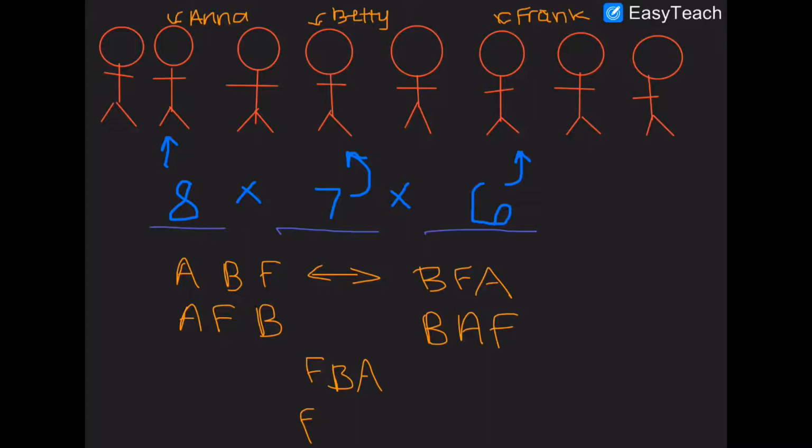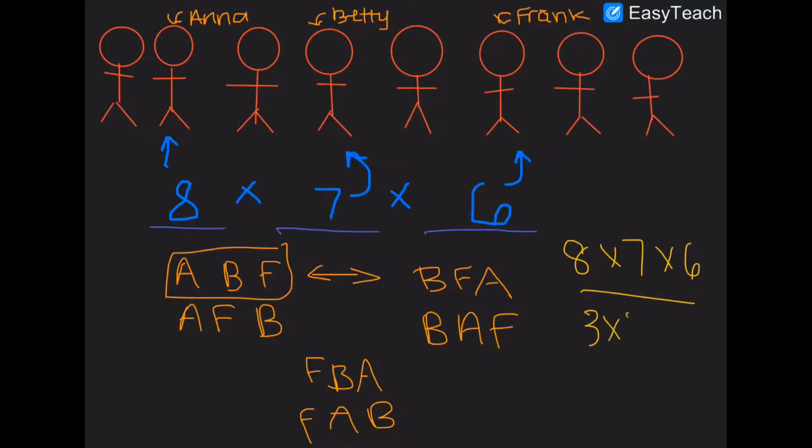So for every one group of people, we're counting them 6 times. Or in other words, 3 times 2 times 1, because that's how many ways you can rearrange these 3 people. So you would have to divide the 8 times 7 times 6 by 3 times 2 times 1.